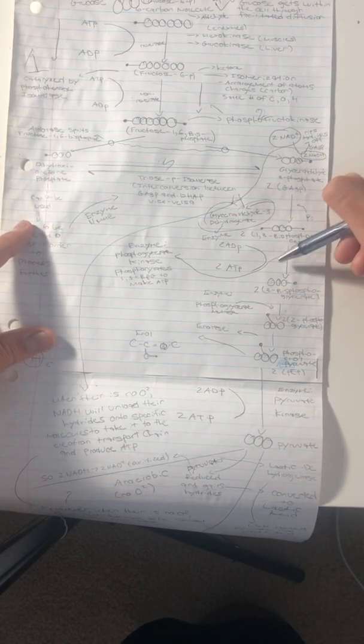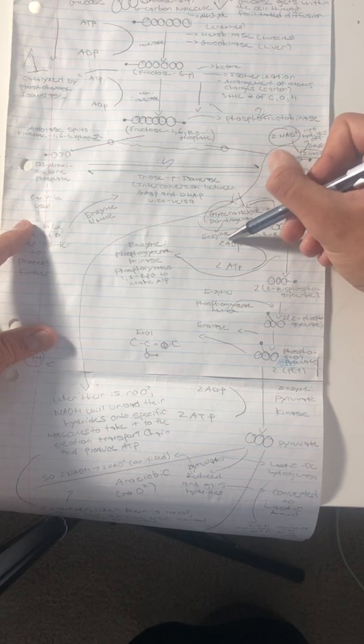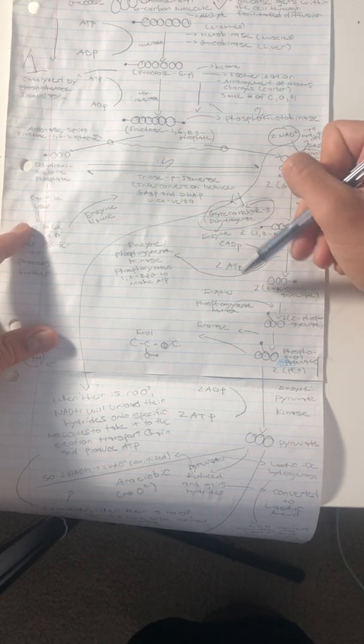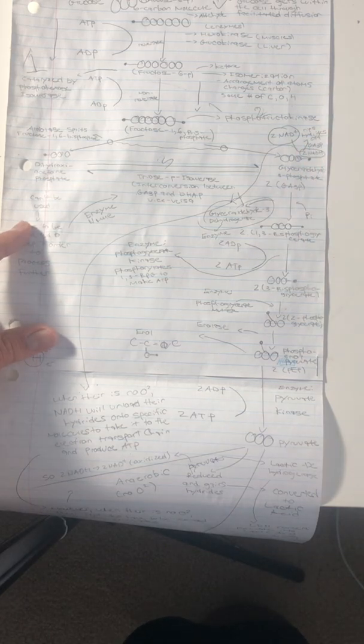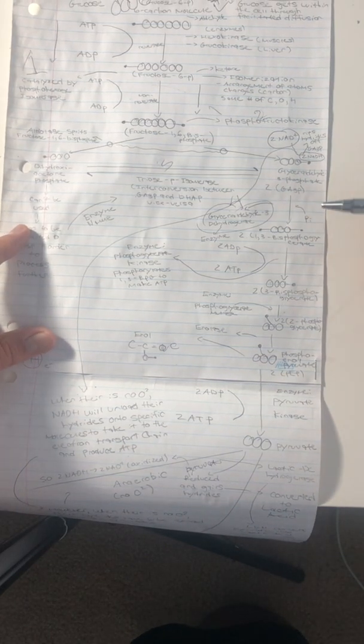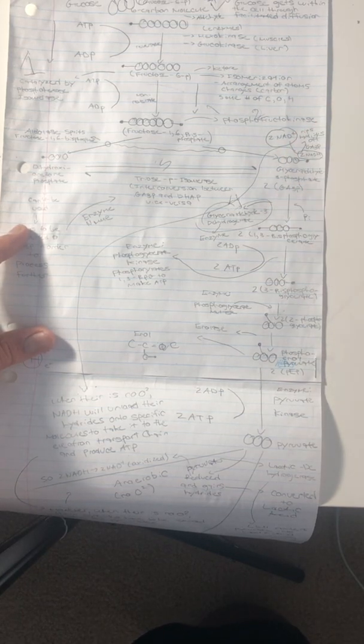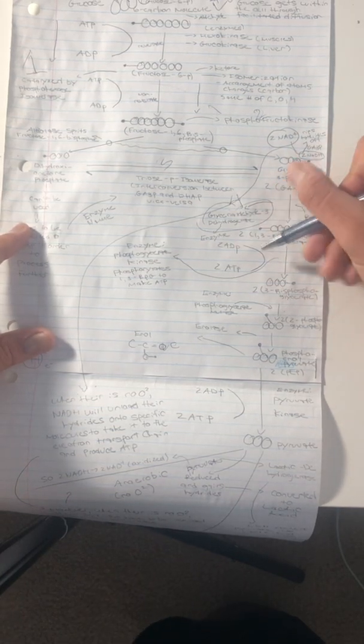So now what happens is 2 ADP gets phosphorylated to 2 ATP. What does that mean? That means when we phosphorylate it, we lost a phosphate. That phosphate is gone now.